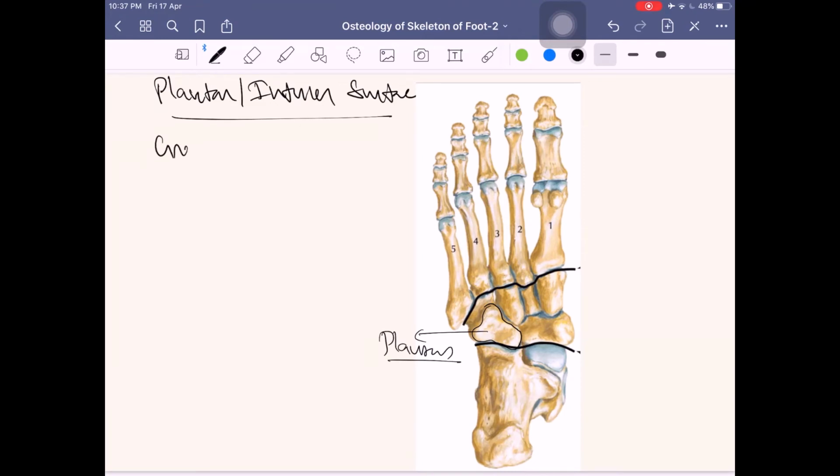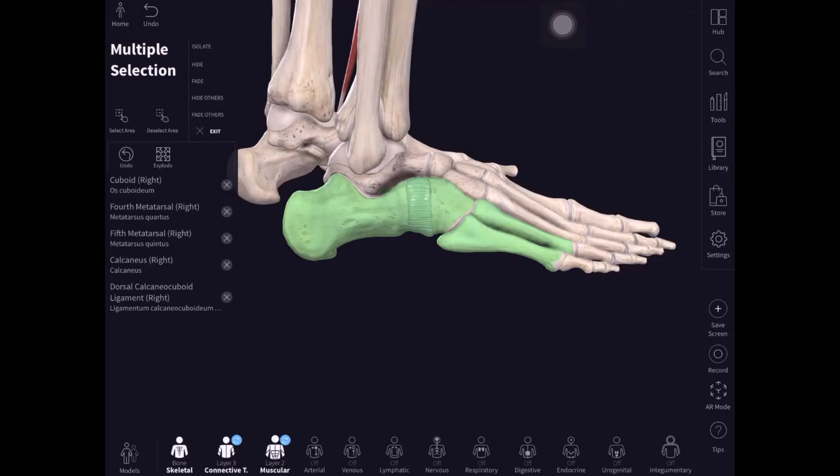Now, just like everywhere, the inferior plantar surface is presenting a groove. So here also we have a groove. Now the groove is for the tendon of peroneus longus. So peroneus longus passes through this. Here you can see that the groove is there.